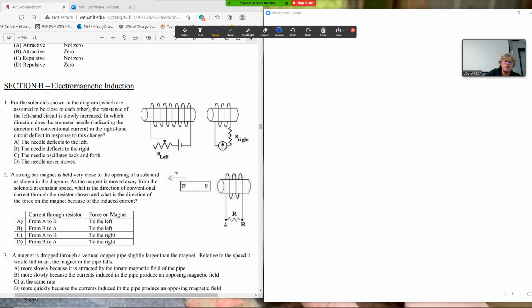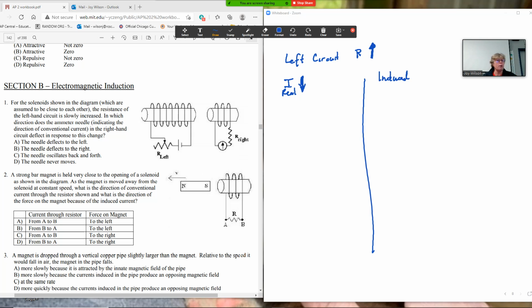The resistance in the left circuit, R, goes up. Well, you guys know enough about circuits to know that if the resistance goes up, that means the current, the real current, goes down. Is that a change? Yes, that's a change in the behavior of the circuit. So what happens is we get induced stuff.